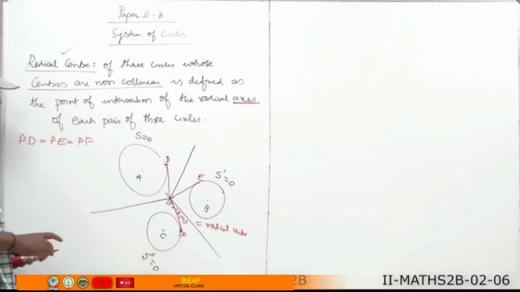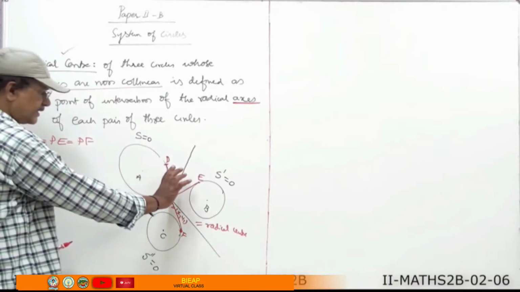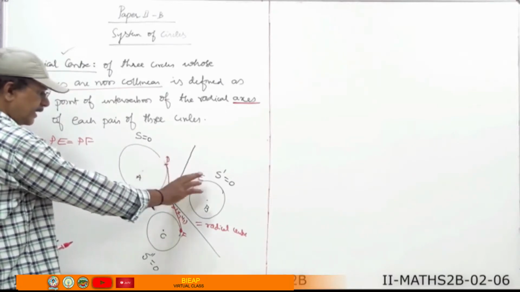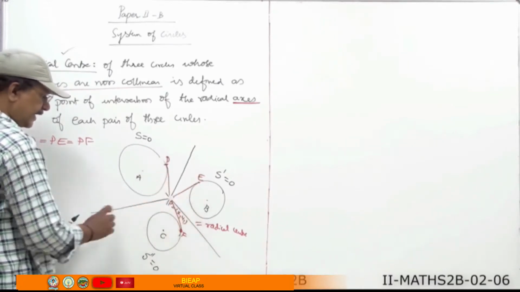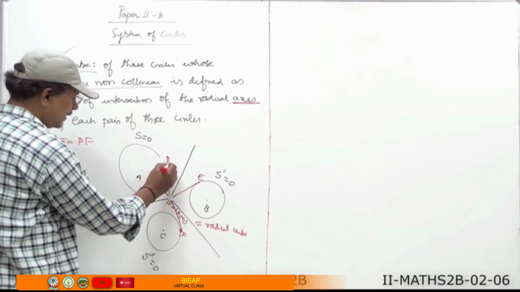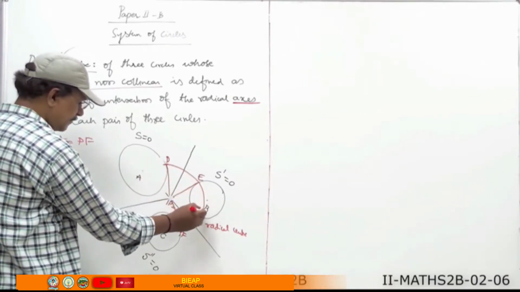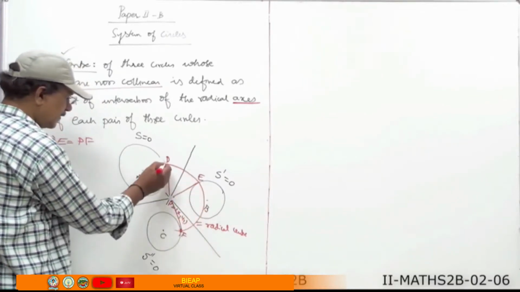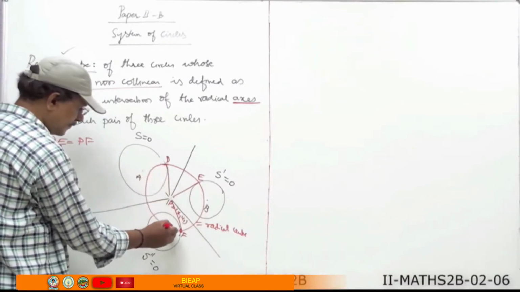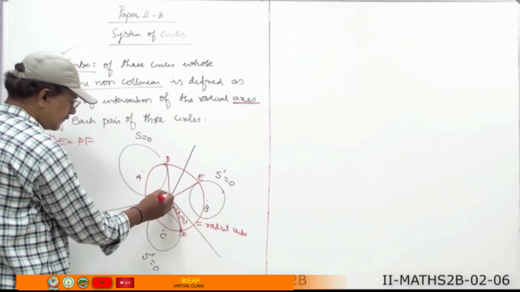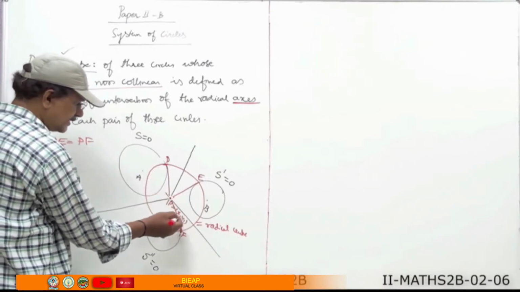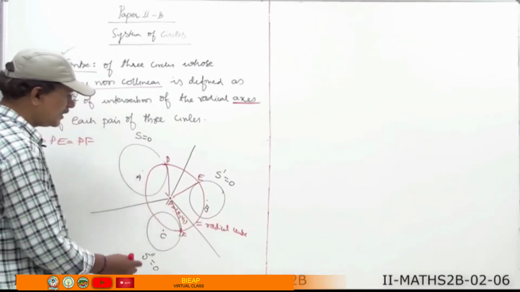Now, I draw a circle by taking this P as center and PD or PE or PF as radius. Then we find a fourth circle. And for this fourth circle, the center is nothing but the radical center.